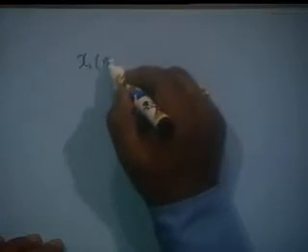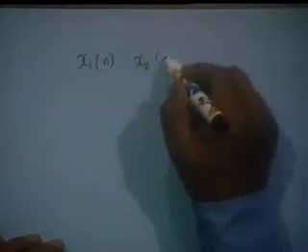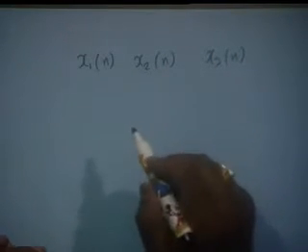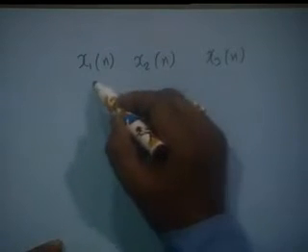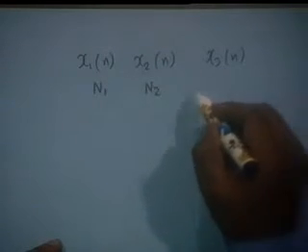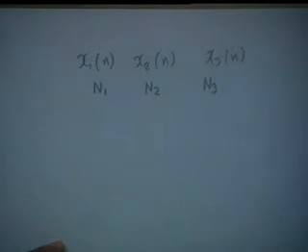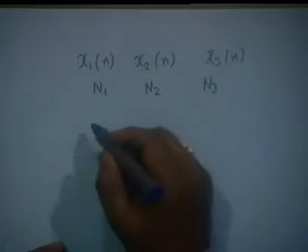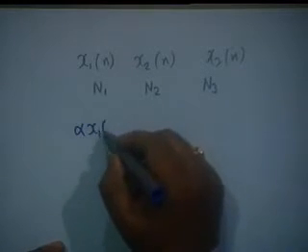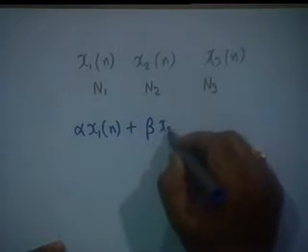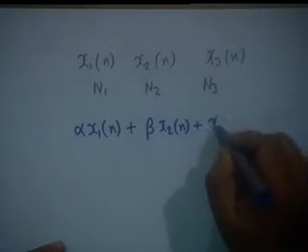Suppose we have 3 signals, let us say x1 of n, x2 of n and x3 of n, and suppose each of them is periodic, of period N1, N2 and N3, and then let us make a combination of these 3 signals, that is, I multiply x1 by alpha, x2 by beta and x3 by gamma.